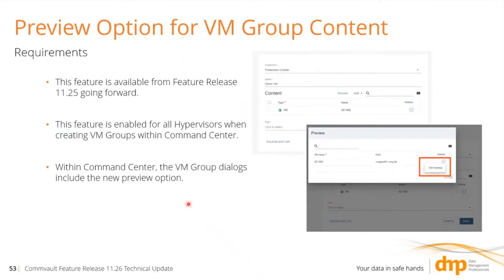It is available already since 11.25. It is enabled for all hypervisors when virtual machine groups are created within the command center. They call it the preview option, but the button itself is called test backup. So if you go to the preview, you can actually run the test backup.